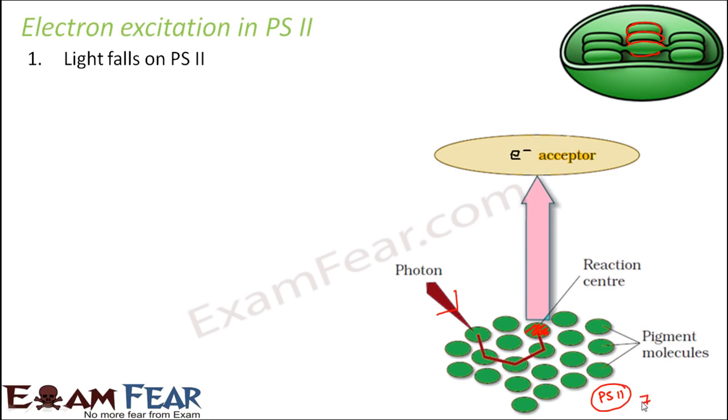So in PS2, it is the P700, chlorophyll A P700, which is good at absorbing 700 nanometer wavelength of light, which is the red color of the light. So this pigment is definitely absorbing the red light, but other pigments are also absorbing a small portion of some other light, and they will also transfer all the energy to the reaction center.